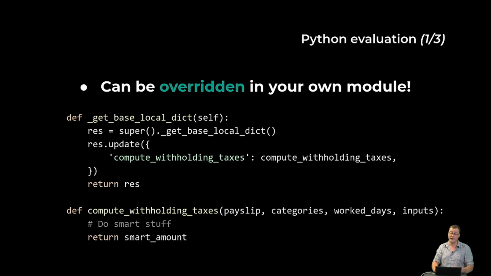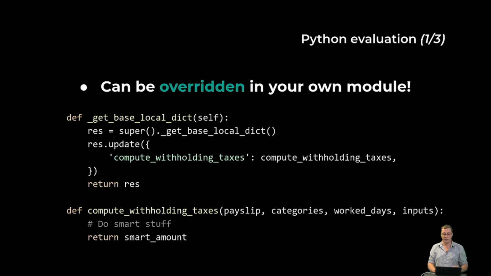The other advantage of this is the following. A lot of Belgian structures apply the same withholding tax computation rules. In that way, the code is defined only one time instead of in all the different structures using it, which is obviously a good practice.